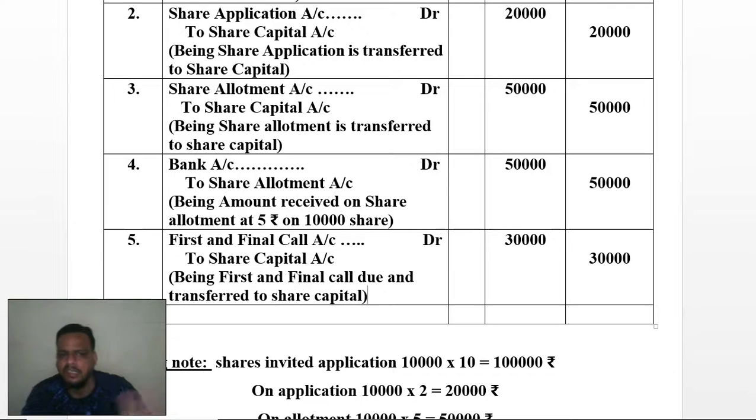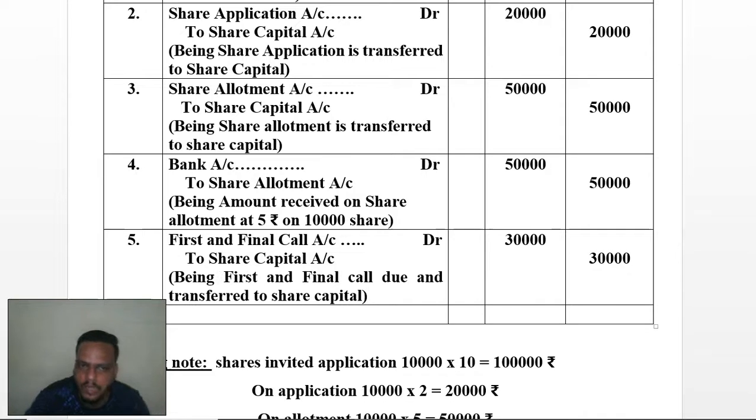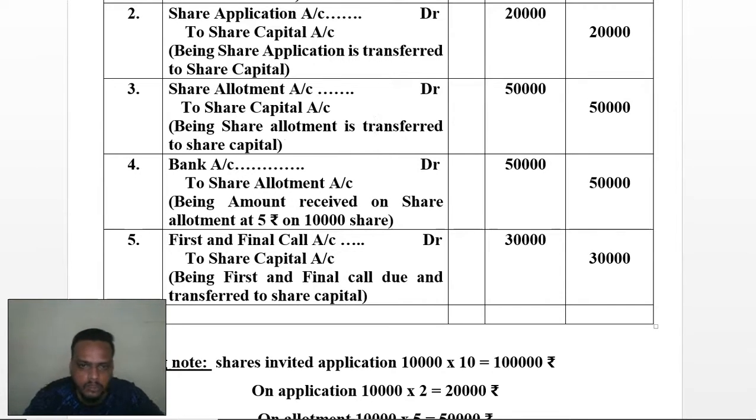As I said, the narration should be according to you, but it has to be specified. So I am doing my work, and you have to do the same thing. You can write the narration very carefully and be sure that whatever content you are writing has to be specific.